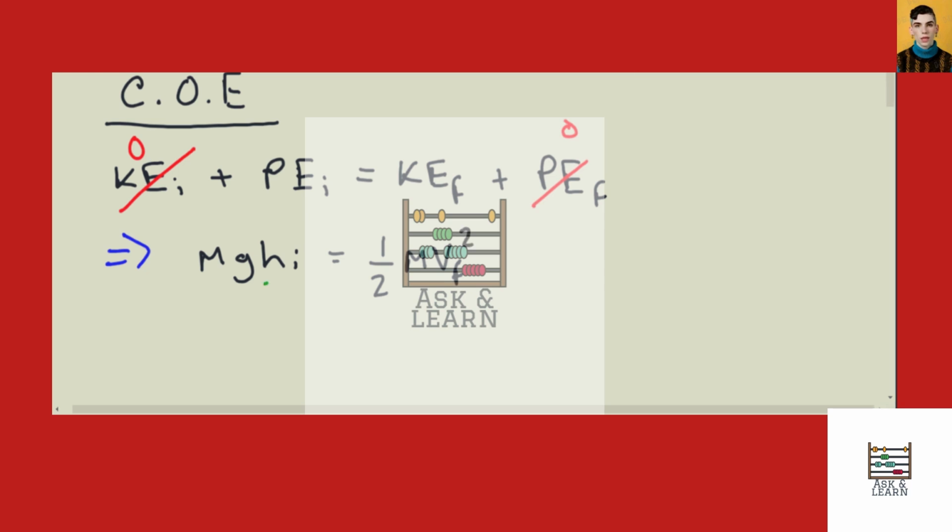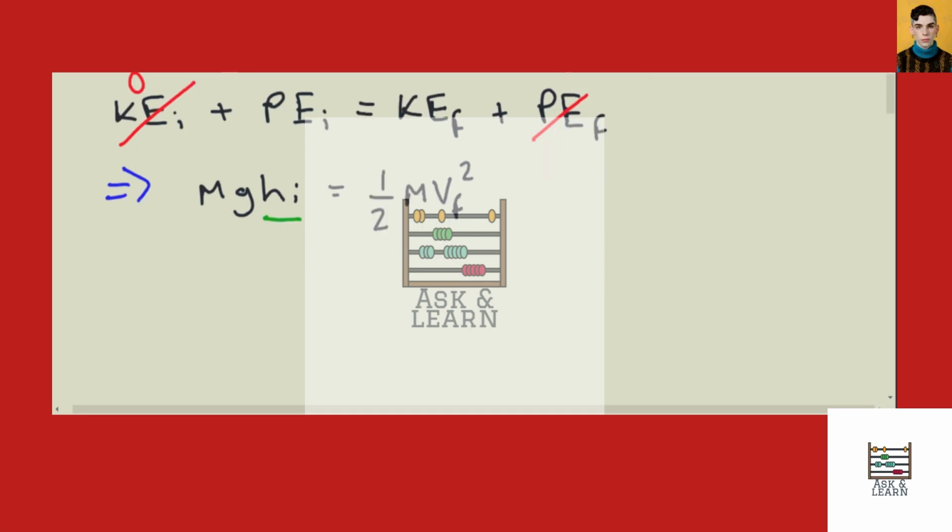So what we're looking for is the initial height. So now we just solve for h. So h initial is equal to 1/2, and then the m's cancel, so you have 1/2 velocity final squared divided by gravity.